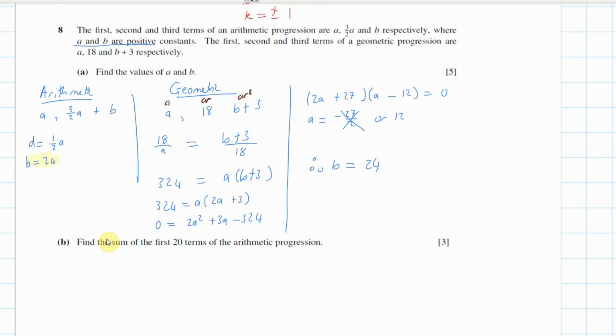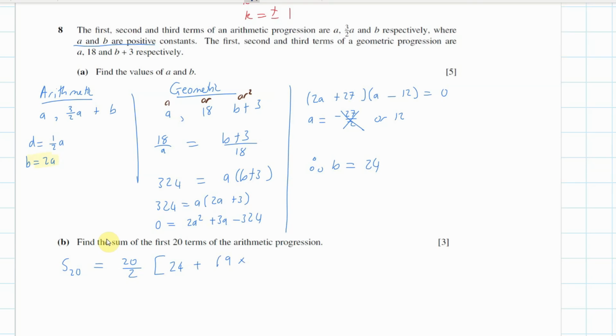Find the sum of the first 20 terms of the arithmetic sequence. So sum of 20 is going to be equal to 20 over 2 bracket 2 times a, well a is 12, so 2 times a is 24, plus n minus 1, which is 19 in this case, times d, which is, what do we say d was?